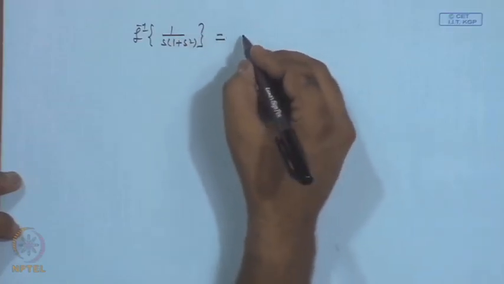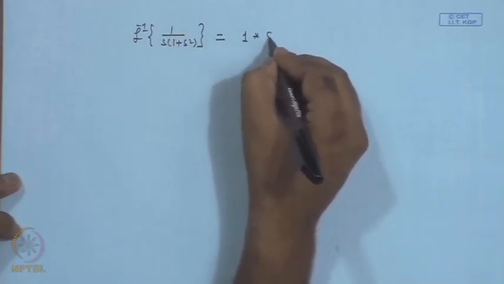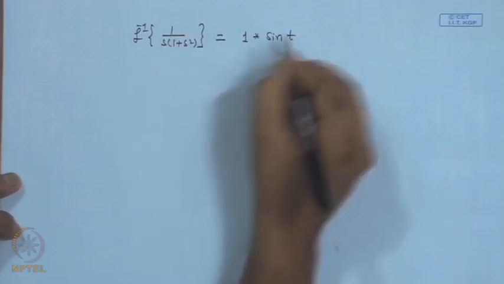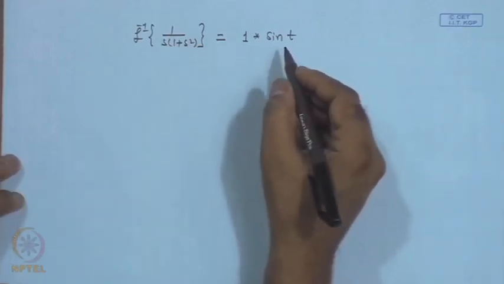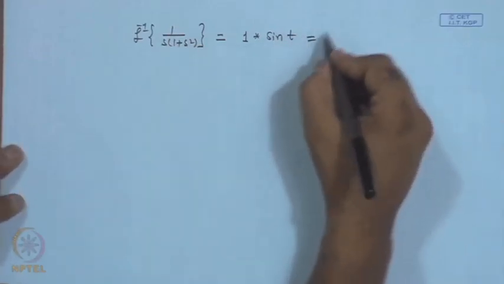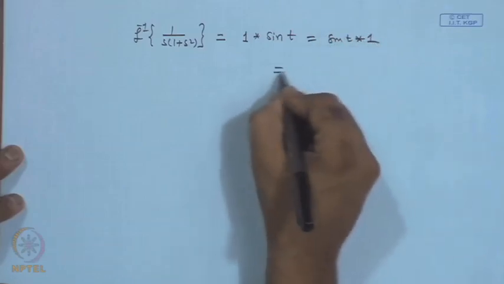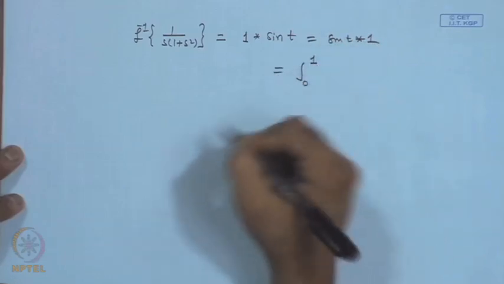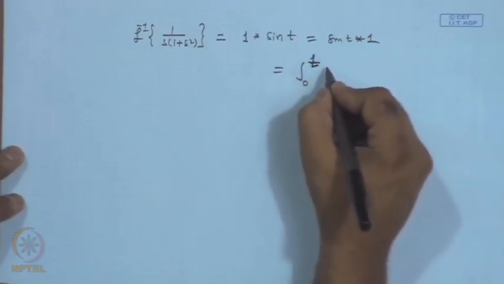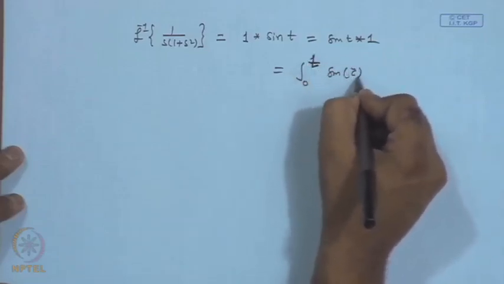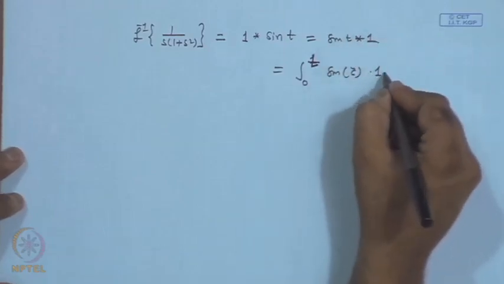So, this is the convolution of 1 over s, that is 1, with sin t, that is the Laplace inverse of 1 over 1 plus s square. By the symmetry property, we have the convolution integral from 0 to t, and then sin tau times 1, which is independent of t.